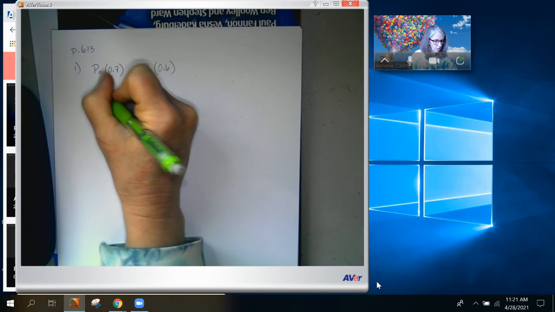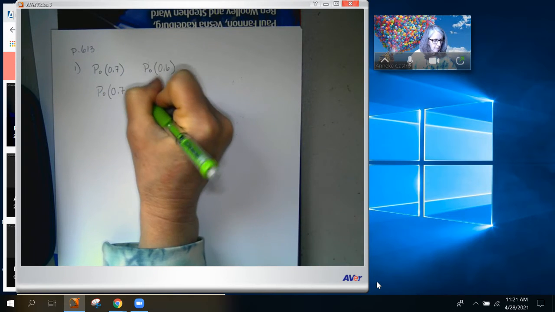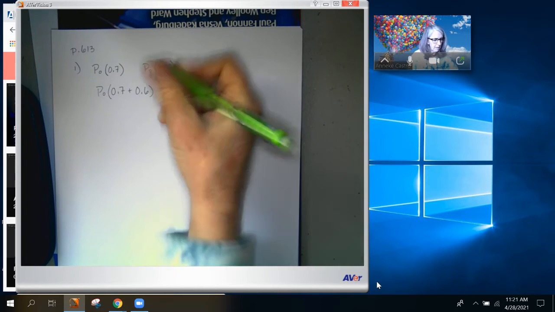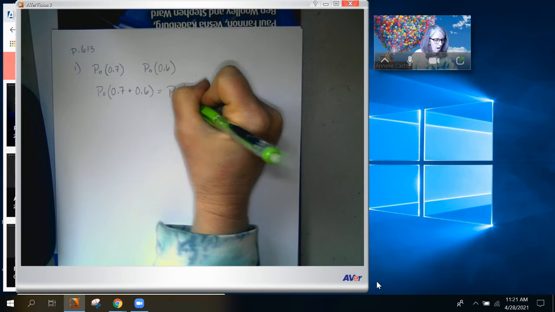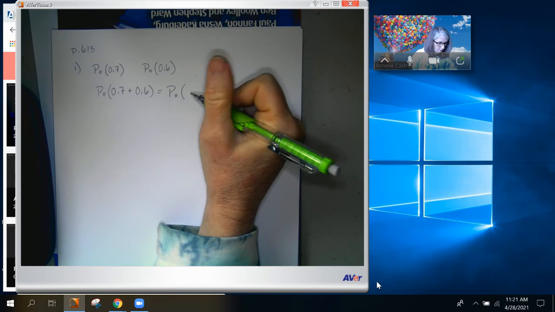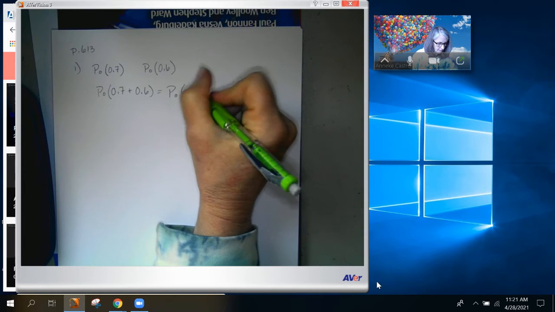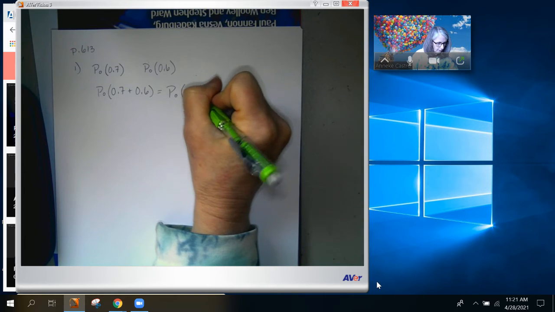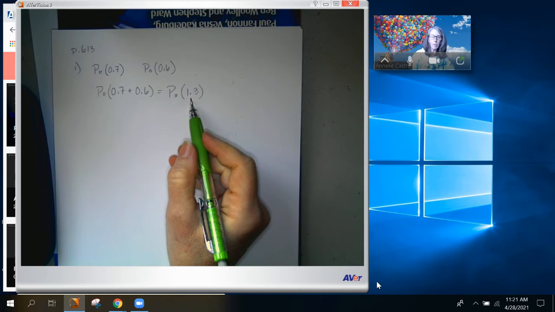So all we have to do is add those together to get the distribution of errors of both of them together. If I add 0.7 plus 0.6, I get 1.3. So on average, there's 1.3 errors per page in this cookbook.